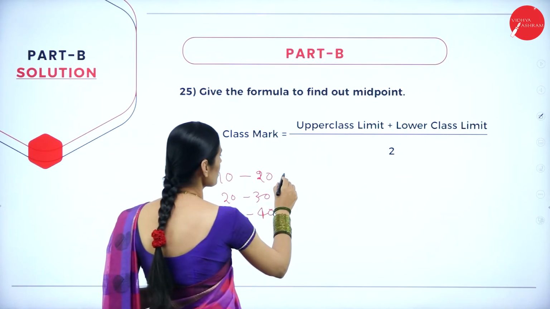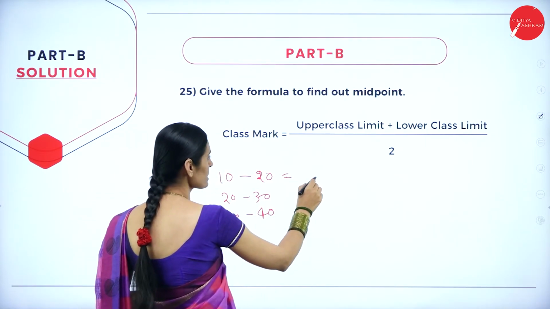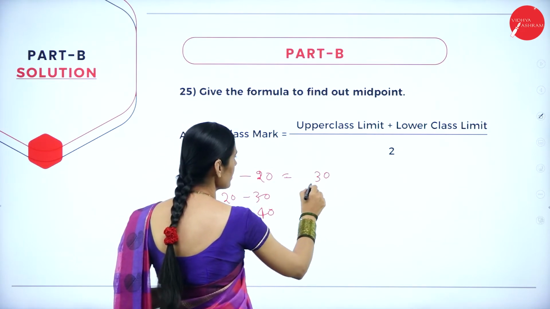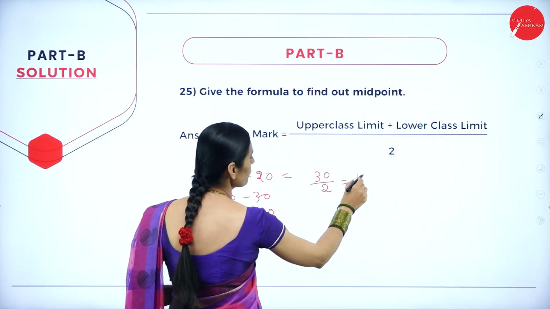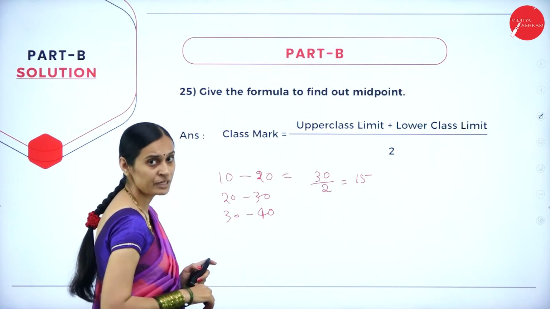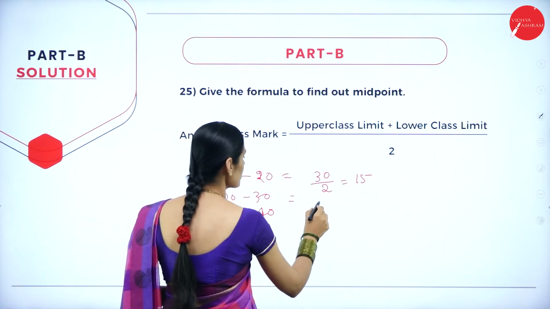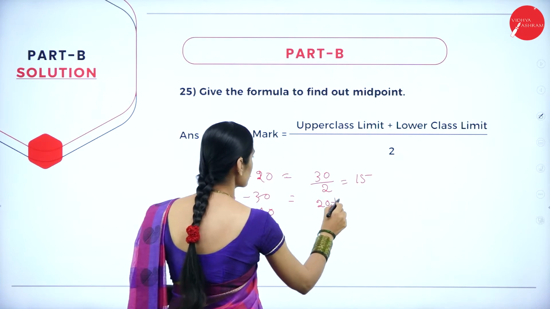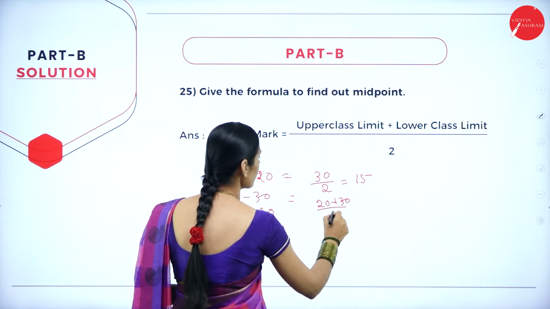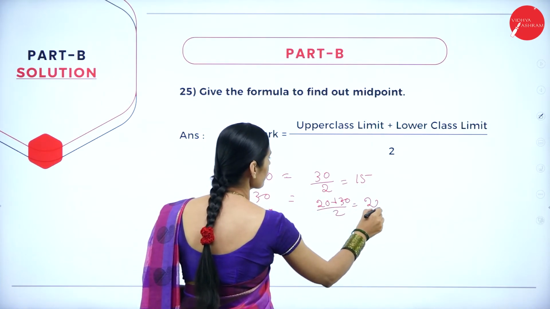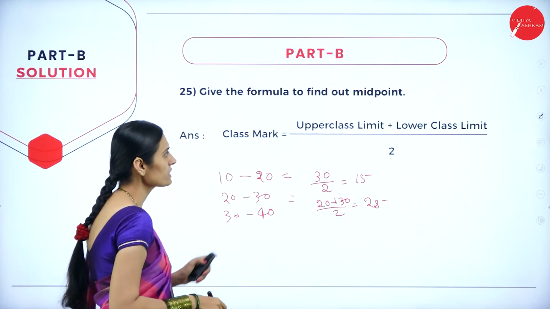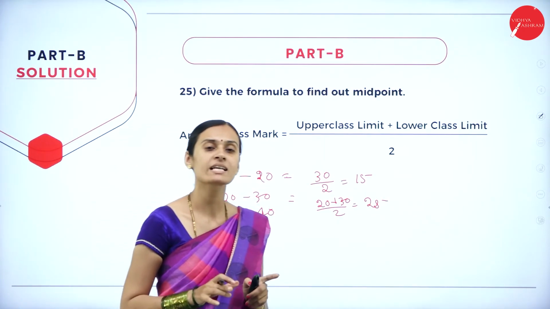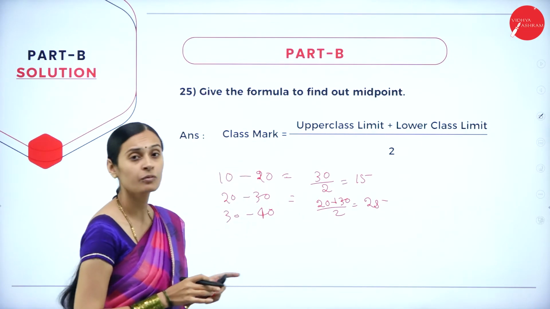You write the upper class limit plus lower class limit, that is 30 divided by 2, 15 will be the midpoint. And here 20 plus 30 divided by 2 is 25.